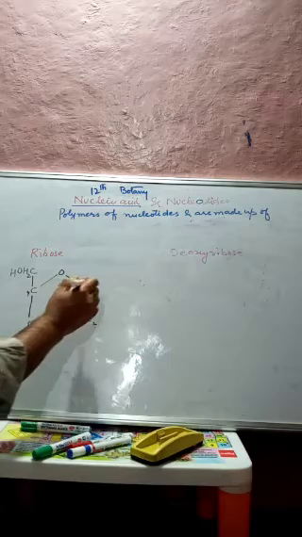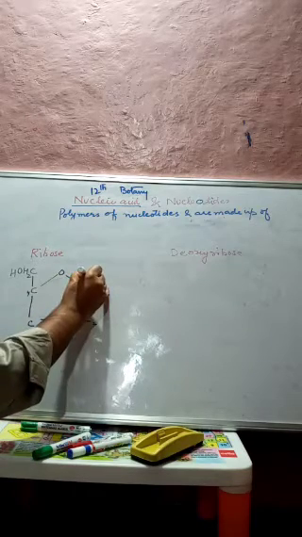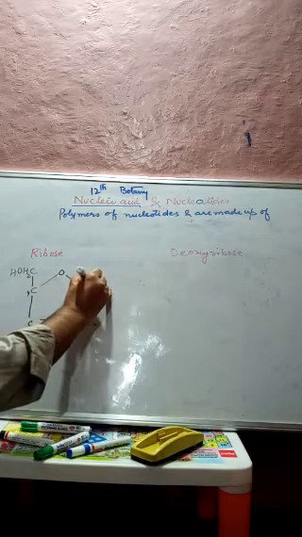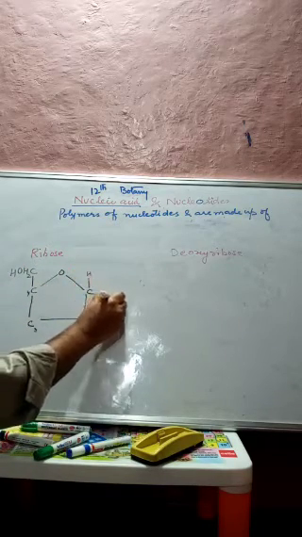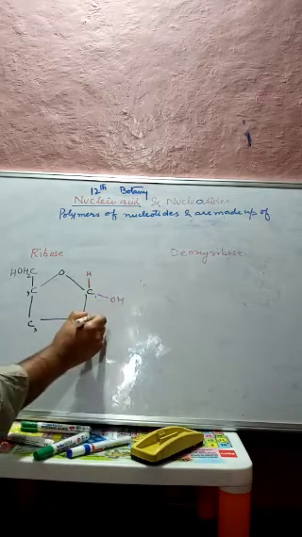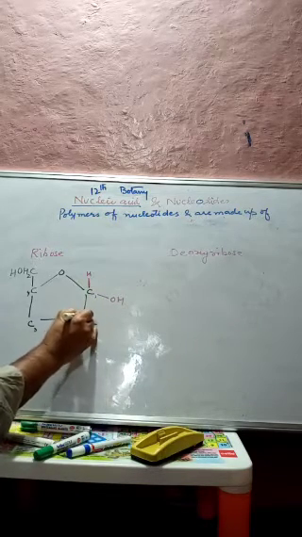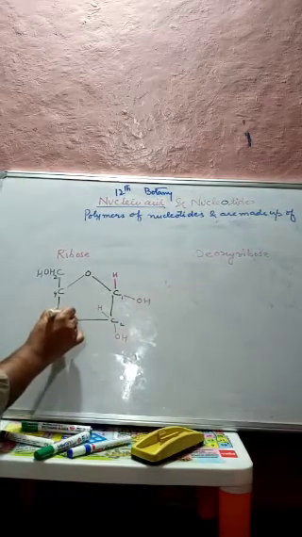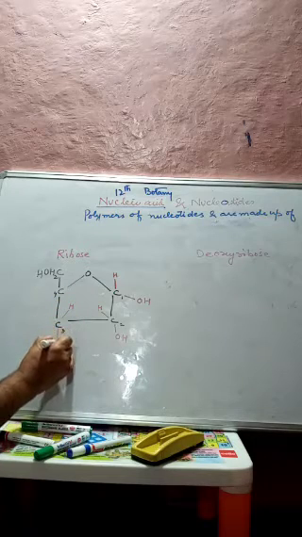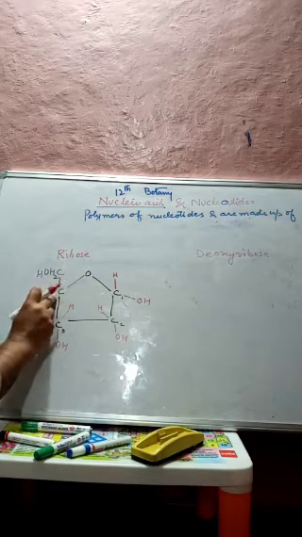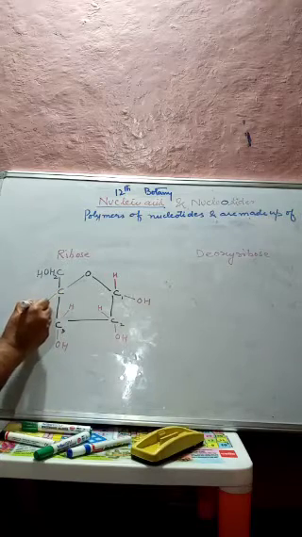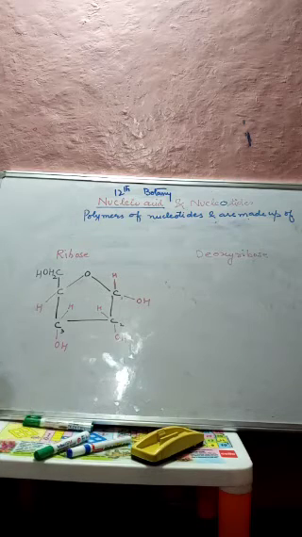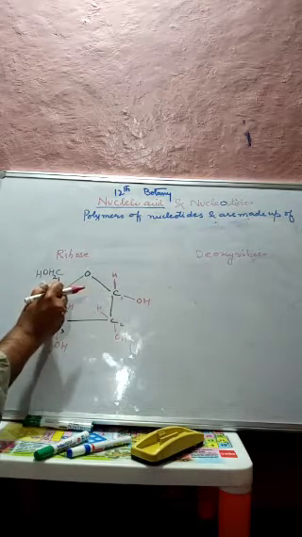Now this carbon has one hydrogen and one OH group. This carbon again has one H and one OH group, and carbon 4 has only one H. So simply we have to see the balance of these carbons.